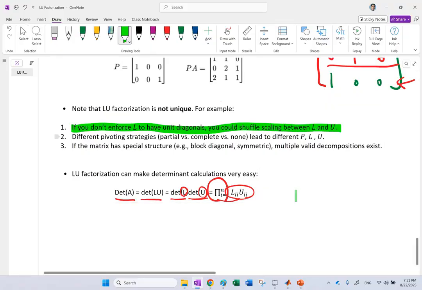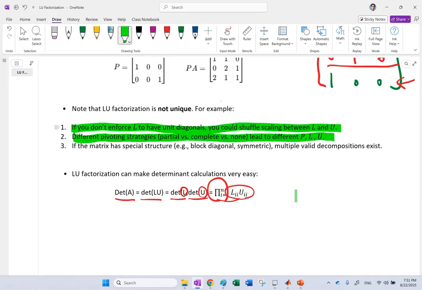And then of course, different pivoting strategies, like partial, complete, or no pivoting, can lead to different P, L, and U, and so can specific structures in your matrix. But if everything is the same, so you are forcing L to have 1 on the diagonal and, let's say, using partial pivoting, then yes, ideally you should get the same answer.